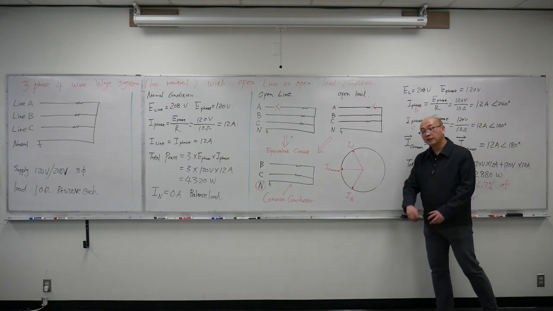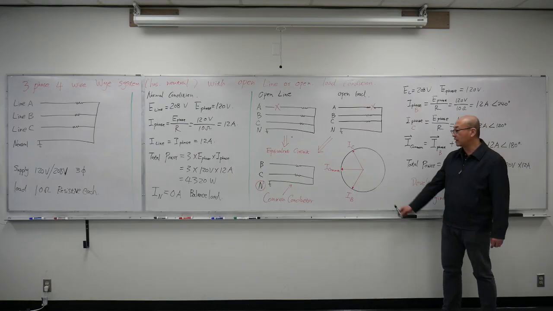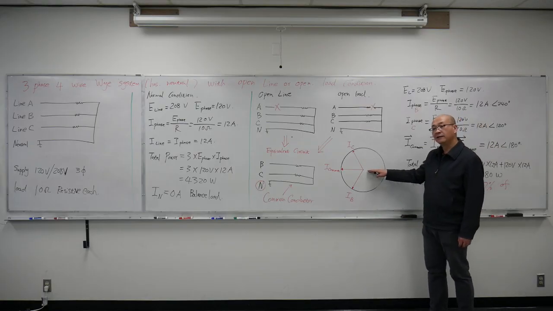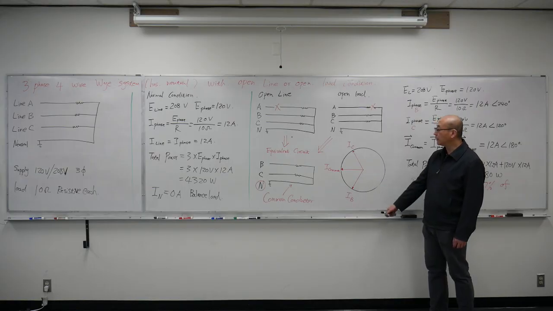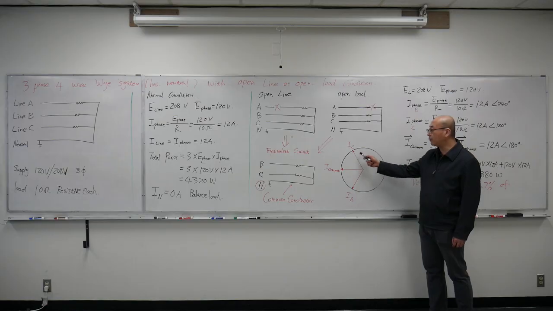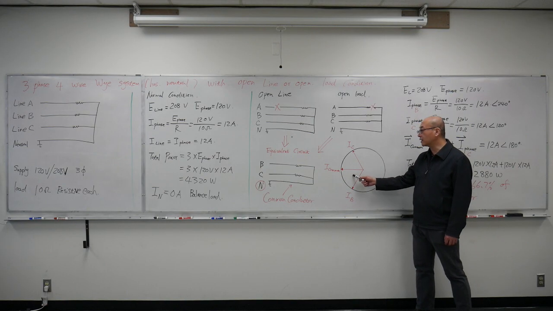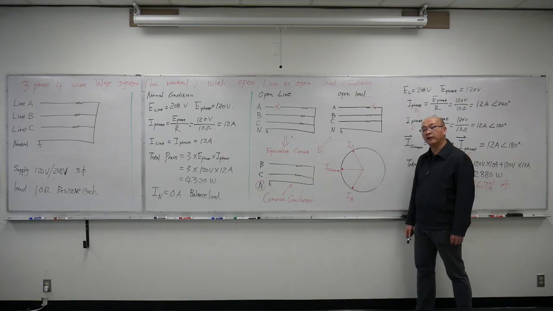This diagram you should be getting pretty familiar with. It's called the wheel of the current. Because line A is open, or load A is open, there's no current going through here, but in line B and line C we still have current. The common conductor carries a current equal to line B and line C, but in a different direction.